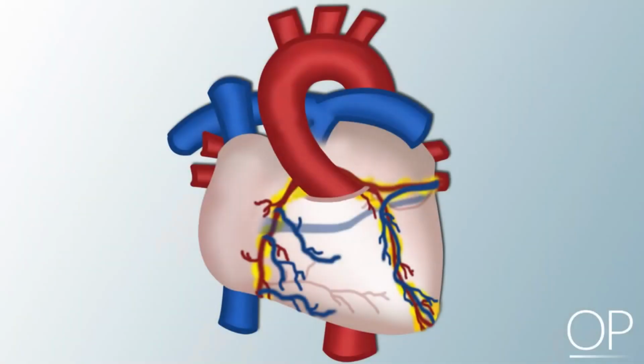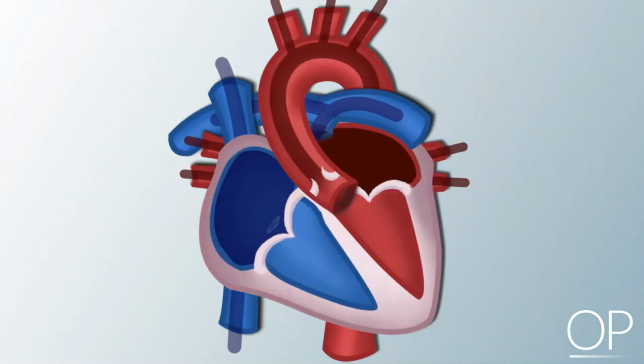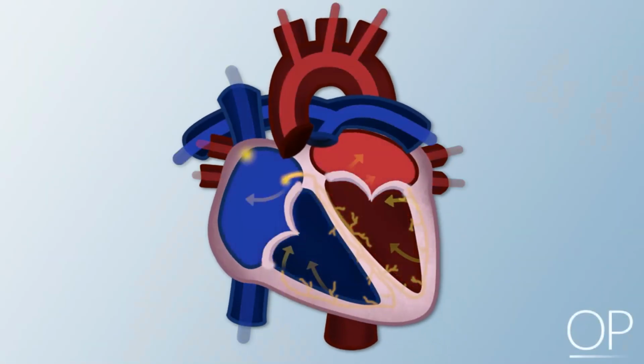After flowing through an extensive network of capillaries, blood from the coronary arteries drain into the cardiac veins. The veins follow into the great cardiac vein and coronary sinus. Blood empties from the coronary sinus into the right atrium. Electrical impulses originate in the sinoatrial node, located at the junction of the right atrium and superior vena cava.